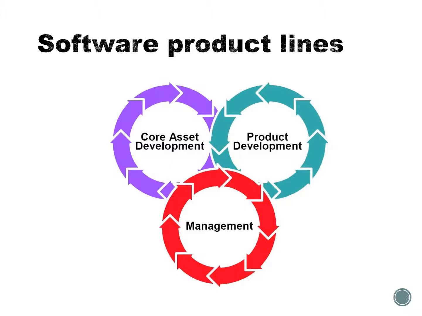This is not inherently different from normal software development, but it's a new way of thinking and a new way of designing the software architecture, where we have the high-level or optimized core assets, which have a certain interface, and then the product's own assets, which apply these core assets correctly.